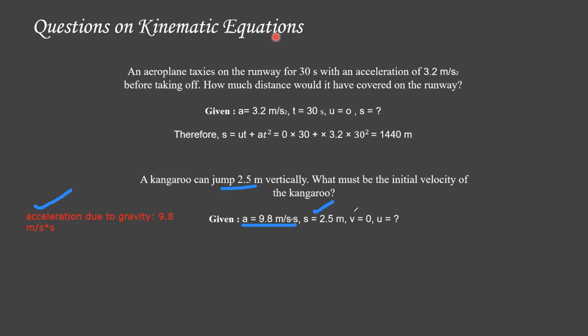So people, most of you must have played cricket, right? If you hit a ball or throw a ball towards your friend, the ball goes to a certain highest distance, and then it falls down. At that highest point, the speed of the ball is always 0. The reason is that gravity is acting on it.